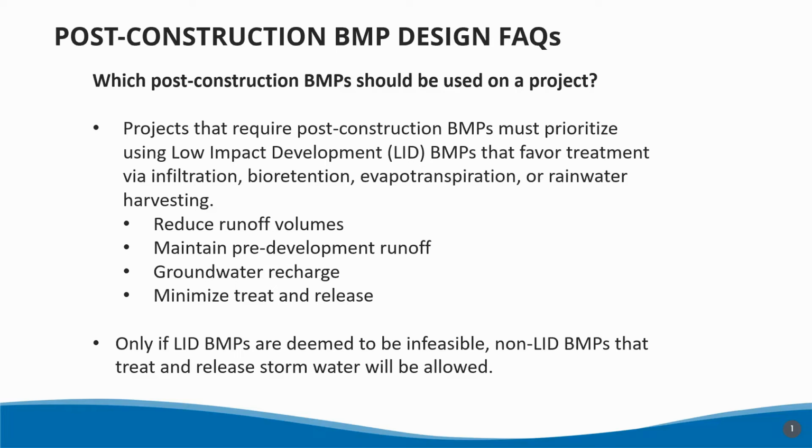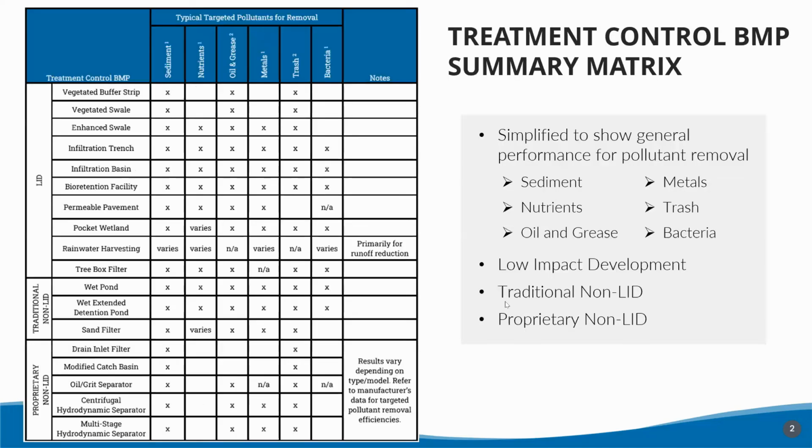If that is not adequate, then the next step is to apply for a variance and the possibility of utilizing alternative compliance for that project. This is laid out in the summary matrix that is included in the appendix. LIDs are on the top, followed by traditional non-LIDs, as well as proprietary on the bottom.